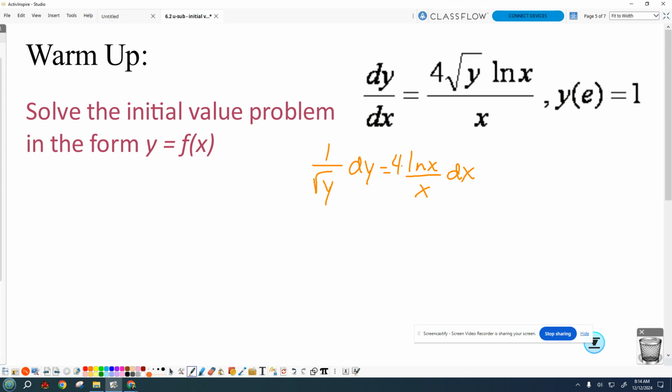All right, and personal preference, you can move the 4 or not. Your choice. It's just a 4. Alrighty then. So, 1 point for you, separated the variables, excellent.